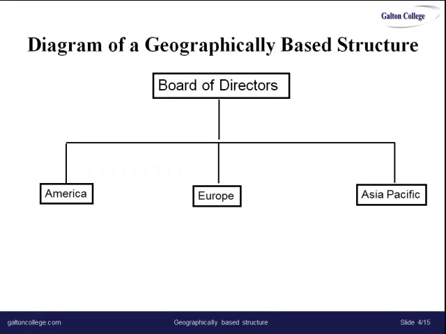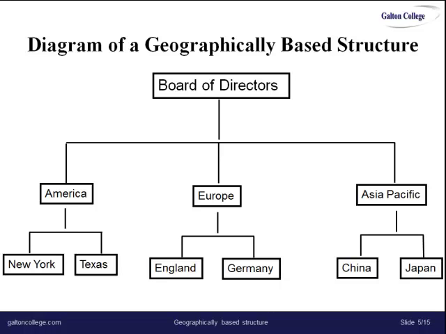You could have a board of directors and some production facility or distribution facility, whatever it is, in say America, one in Europe or in Asia Pacific. So it's essentially taking the organization and perhaps replicating it, placing an identical or a near identical entity in a different location.